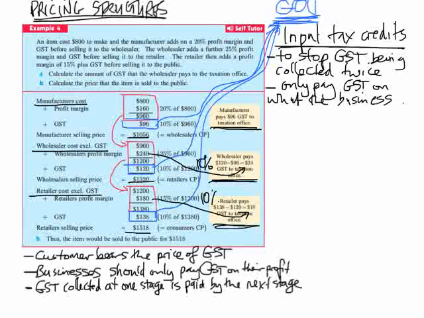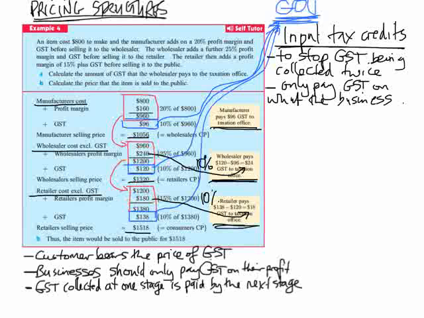And another way, it might not be completely right, but it can help you visualize, is the manufacturer bought the goods that he used to make the thing, and he made them. So he did labor, and he basically paid for the parts. So you can think of that as he paid for the goods to make the stuff and the services, so he pays GST to the government in full for everything he did. He did a lot. He put it together and he paid for the stuff. These guys, yeah, they paid for the stuff, but all they did was hold on to it and sell it to the next person.